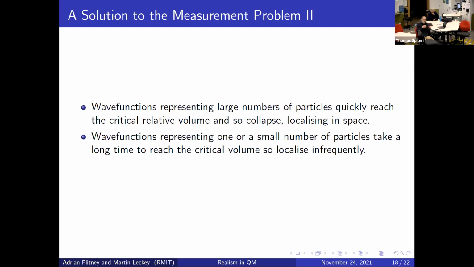So by adjusting what the critical volume is, we're hoping to say, all right, we can allow, for example, entangled systems. I think the record now for quantum teleportation, it's been done between Earth and a satellite, around 1,400 kilometers. So we have to allow a system of two particles to spread at least that much. While at the same time, physical objects like chairs and tennis balls and so on, they're going to collapse virtually instantaneously. And so they'll have well-defined locations in space. Next slide.